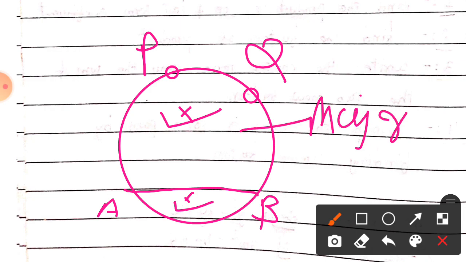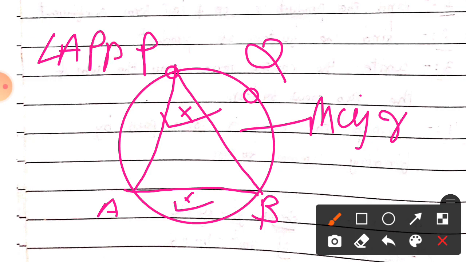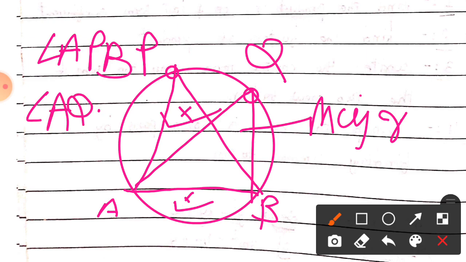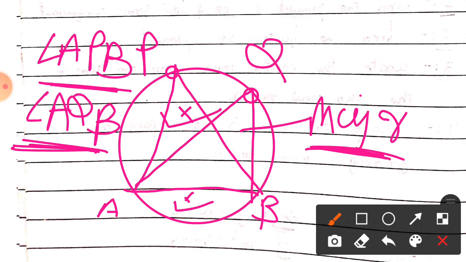So the theorem says that angles in the same segment of a circle are equal. So suppose I draw the angle APB, and the second angle is angle AQB. So both angles are equal because they are in the same segment, called the major segment. This is our theorem number 10.9.